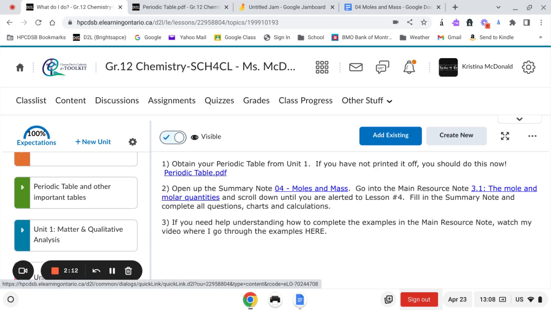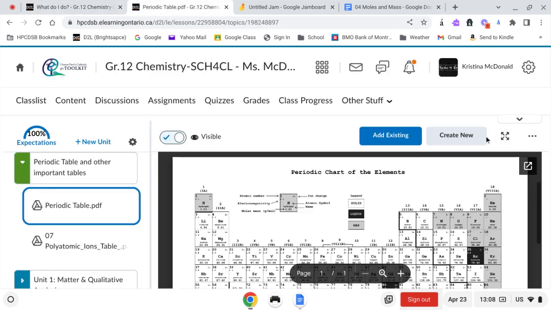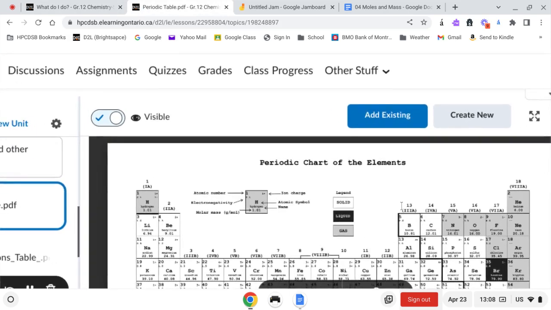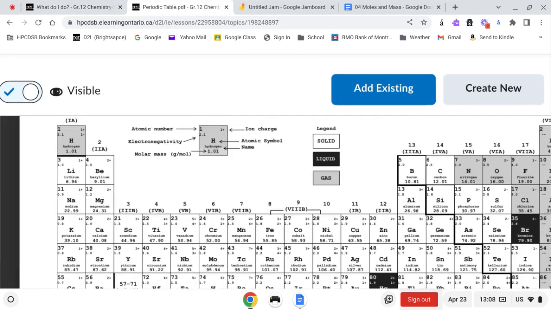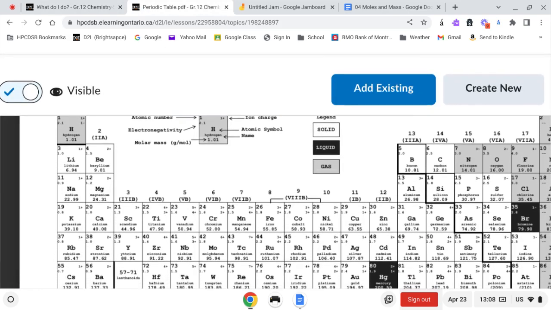So we've spent some time going through atomic mass, average atomic mass, and isotopes, and we understand how these masses on the periodic table come to be. So when I look at something like silicon, for example, or phosphorus, we notice they are not whole numbers. There's very few on the periodic table that are whole numbers.